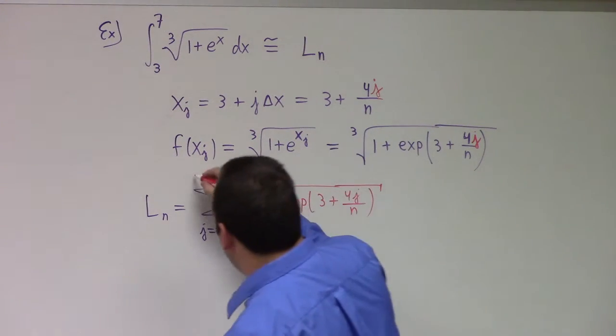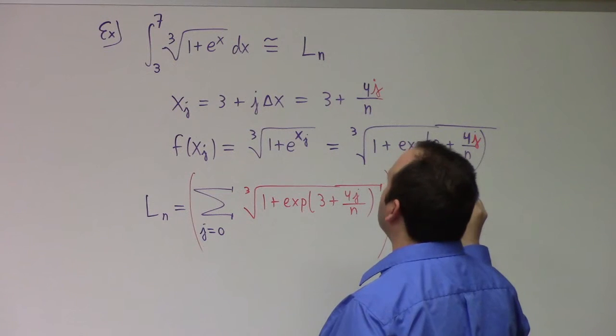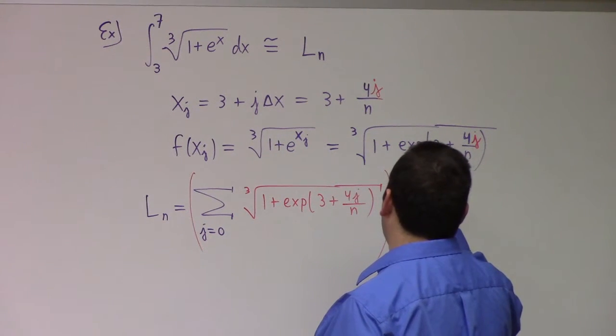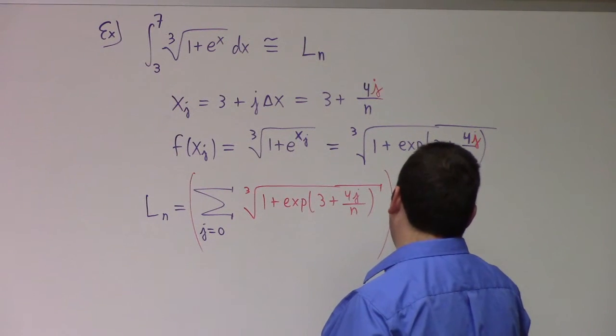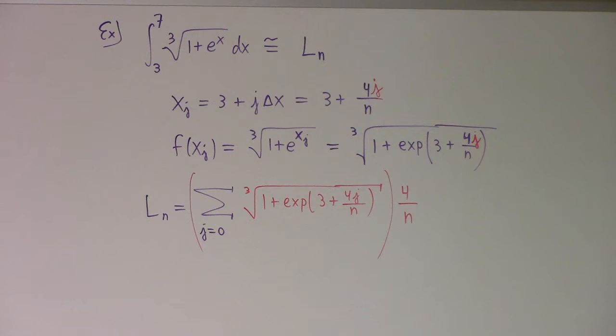Since it's constant throughout, we could just factor it out. Delta x is four over n, right? You can factor out the delta x here if you want to, because it's constant through the whole sum.